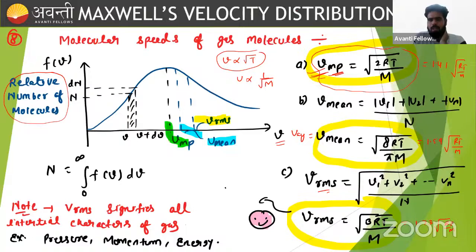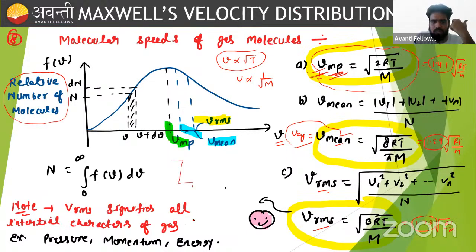So what we observe here, beta, is which speed has the greater magnitude: RMS, then average, then most probable. There is the factor 1.73 here, 1.59 here, and 1.41 here.